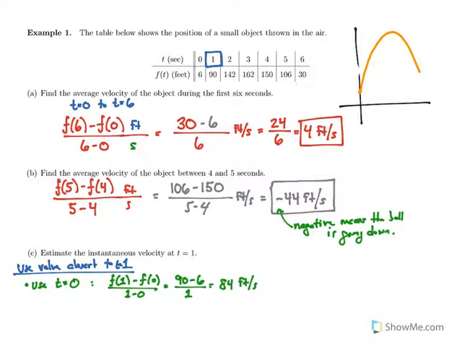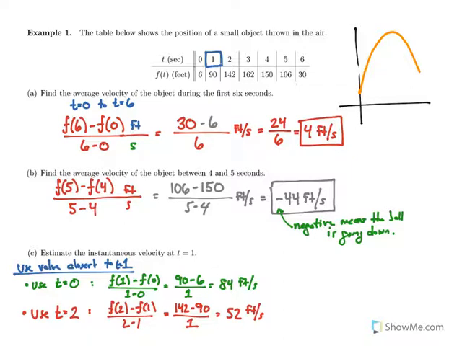We could also use the higher value, t equals 2. In that case, we have f of 2 minus f of 1 over 2 minus 1, which is 142 minus 90 divided by 1, which is 52 feet per second.